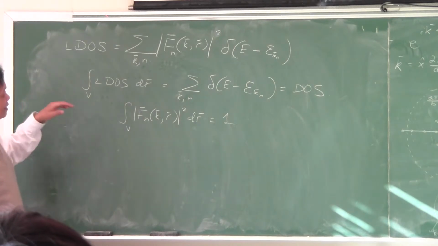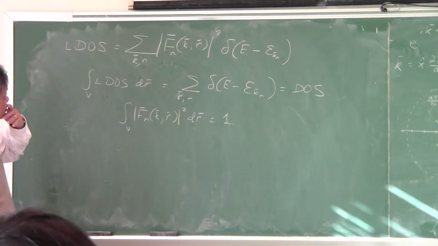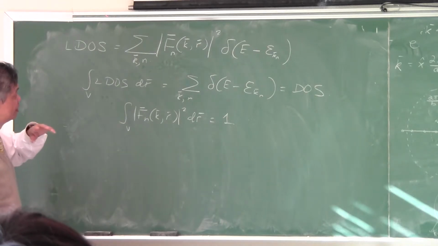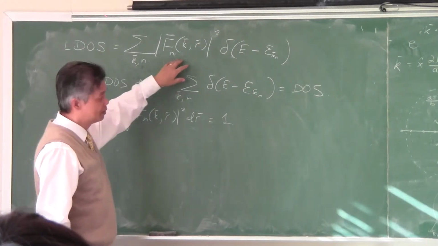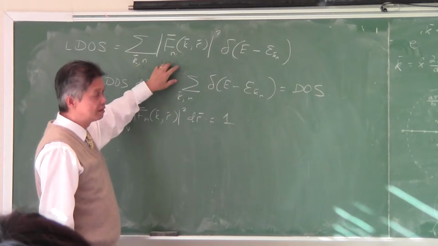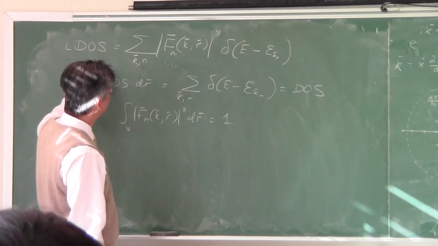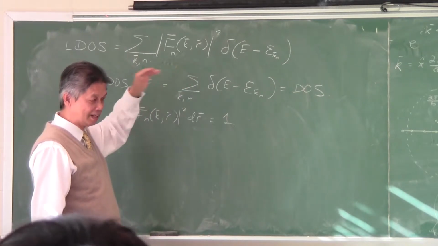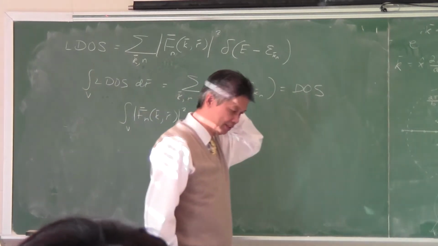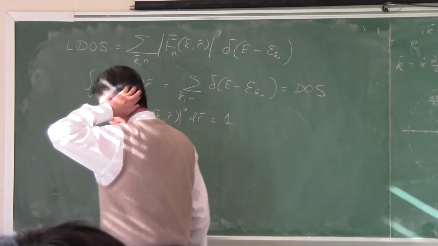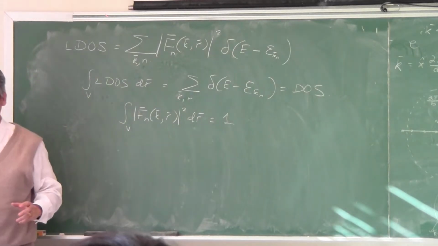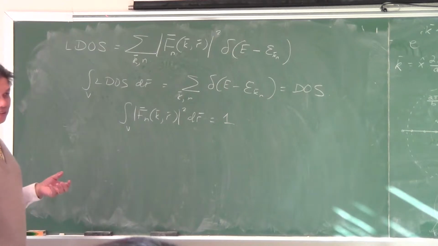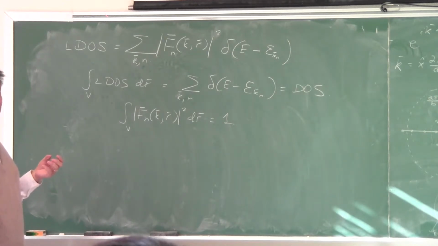The local density of states is often used in photonic crystals, because the modes that you find will be spatially dependent. This gives you the concept that in certain places you're most likely to find a photon, and in other places you're not. Say if you use a photonic crystal for surface enhanced Raman scattering, you like to put your molecules at places where you're most likely to find a photon.